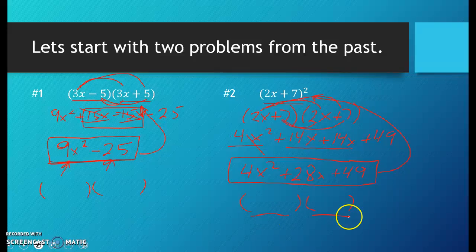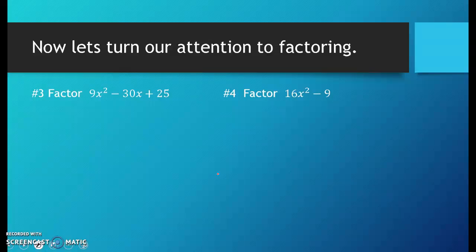Since those are the same thing, we could write it as 2x plus 7 squared. And so what we're going to be doing today is starting with what's in the boxes and talking about how to factor those. Let's go ahead and get started with number 3.